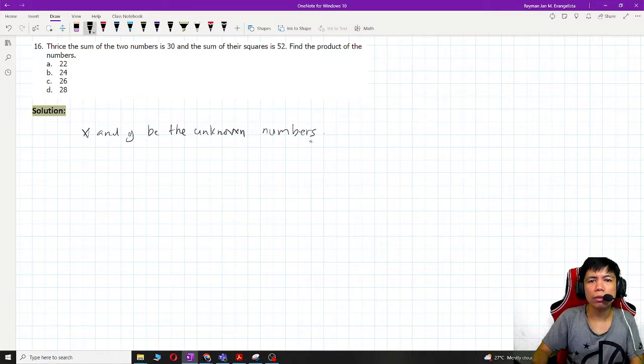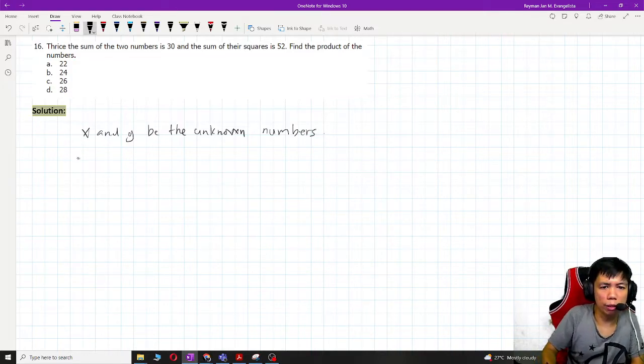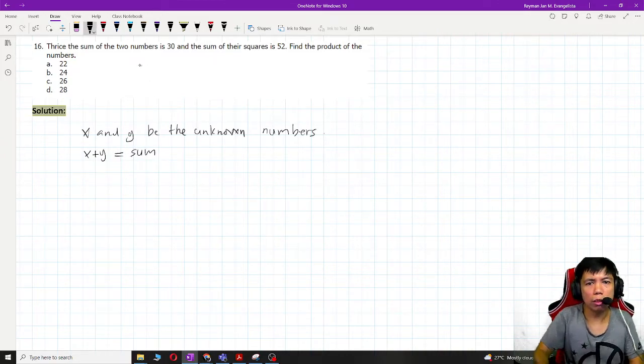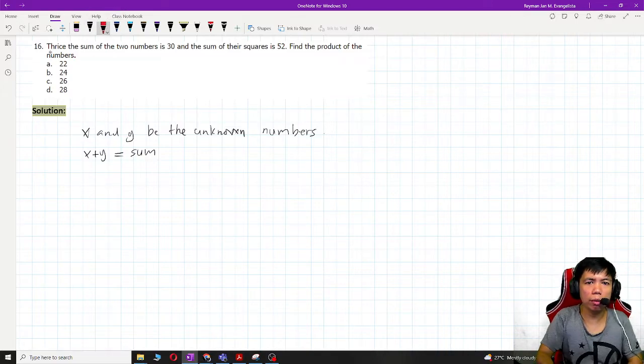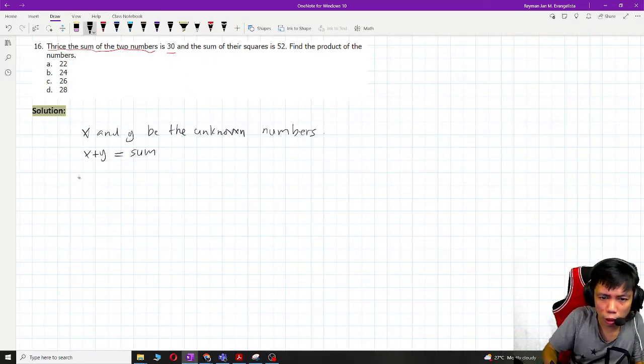So, ganito yan na. Kung yung unknown numbers ay x and y, therefore, ano yung sum nila? Siyempre yung sum is x plus y. According to the problem, thrice the sum of the two numbers must be equal to 30. So, 3 times ng sum.